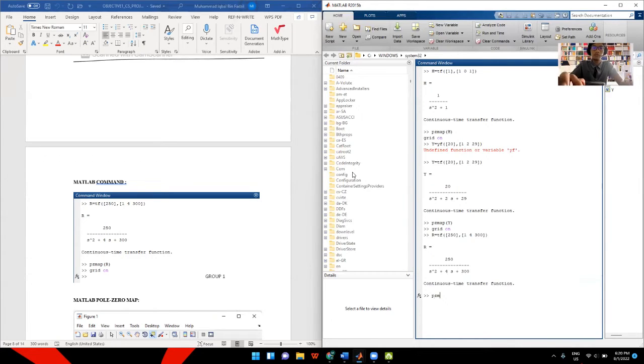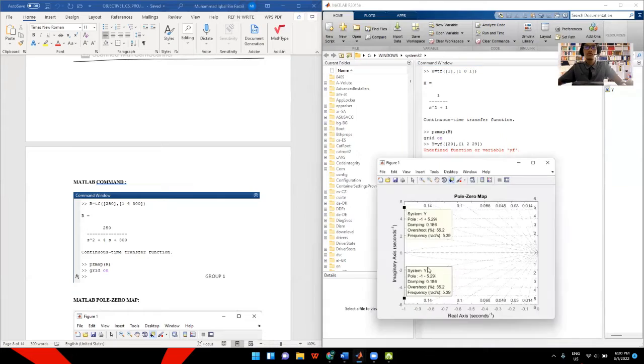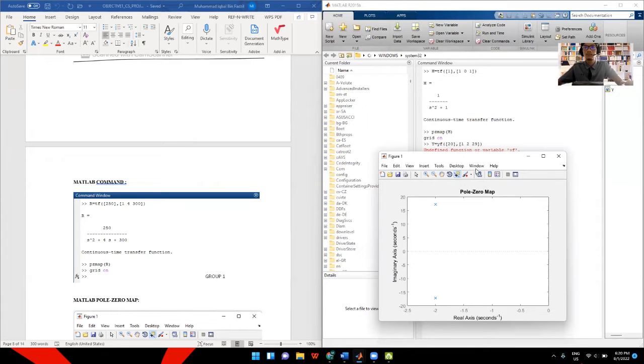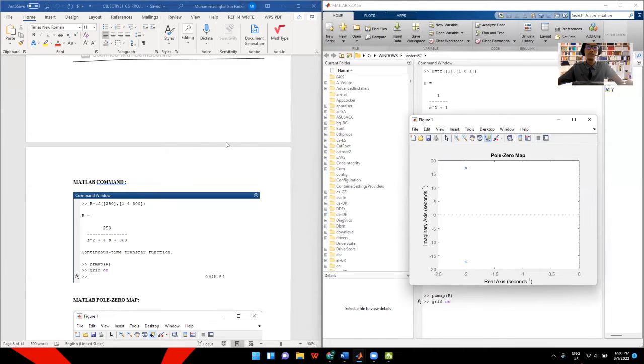So this is the pole zero map. This is R. Grid on. So we get this graph.